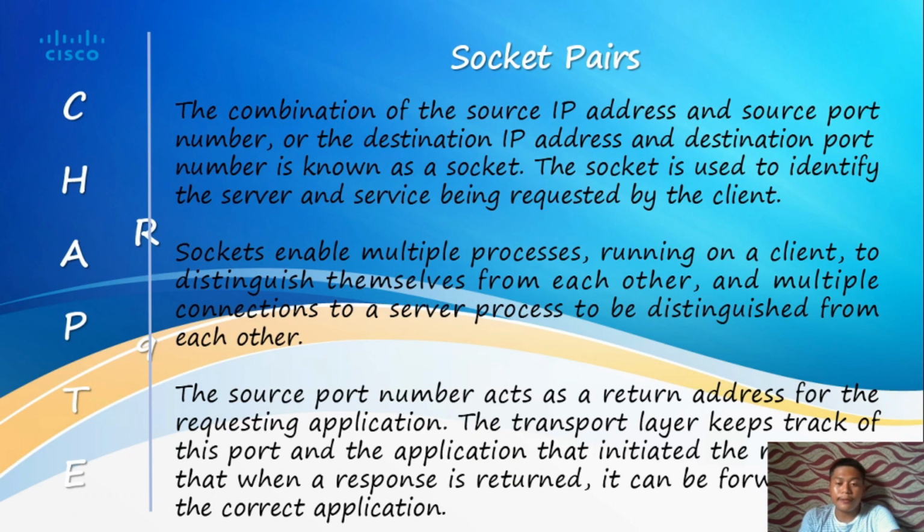Sockets enable multiple processes running on a client to distinguish themselves from each other, and multiple connections to a server process to be distinguished from each other. The source port number acts as a return address for the requesting application. The transport layer keeps track of the port and application that initiated the request so that when a response is returned, it can be forwarded to the correct application.